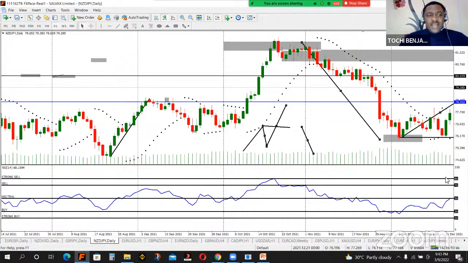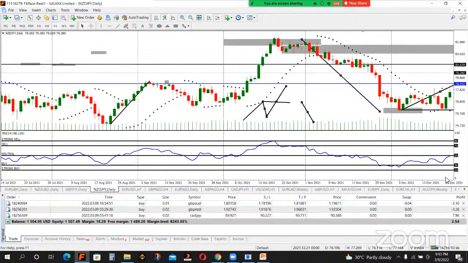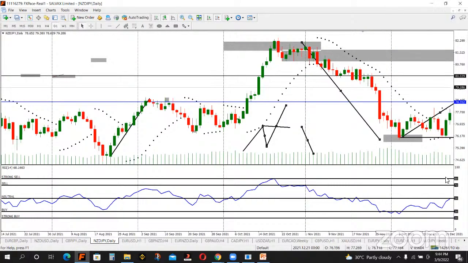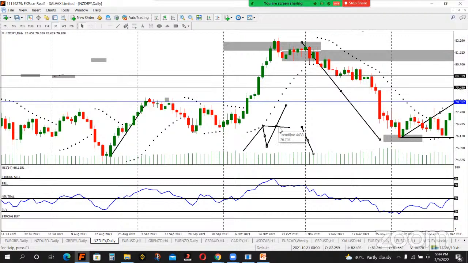Has the chart loaded now, NZDJPY? Is it loaded on your screen? I mean, the one you drew yourself. This one now, are you not seeing it? Where you are moving your mouse.